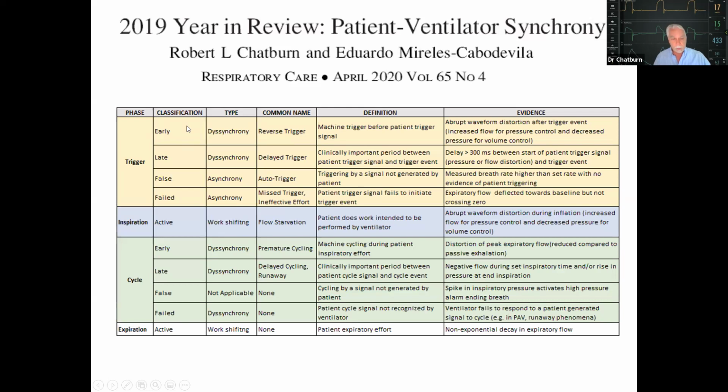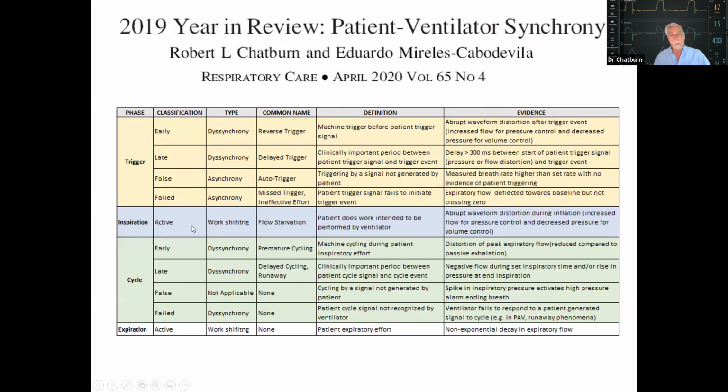But what we want to say is that there is a simple and universal approach to classifying all the waveforms and the synchrony problems that we see in terms of early, late, false, or failed triggers, early, late, false, or failed cycles. So there's some sort of symmetry here.